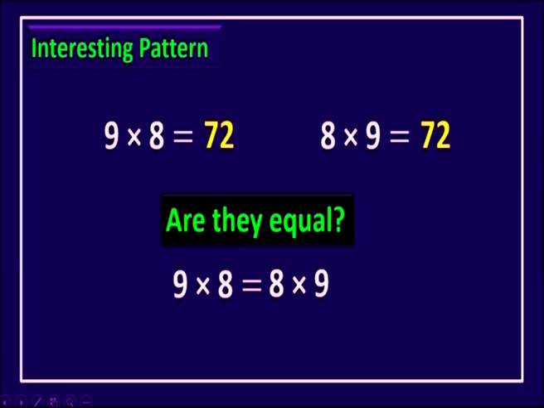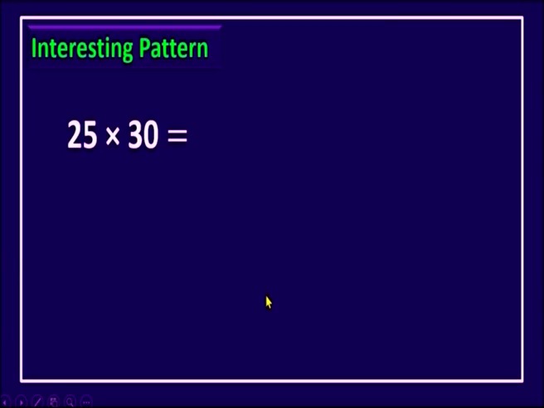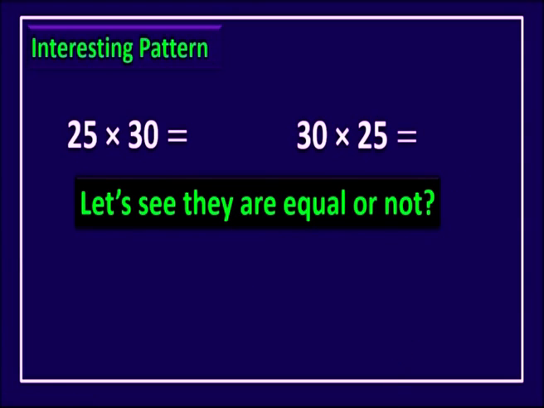Right, children? Now let's take one more example, children. 25 into 30 and 30 into 25. Now are they still equal? Let's see, children. So 25 into 30. 25 times 3 is 75. So 1 zero is there. So we placed 1 zero. So 750. Here also 3 into 25 is 75. And 1 zero is there, we placed 1 zero after 75.